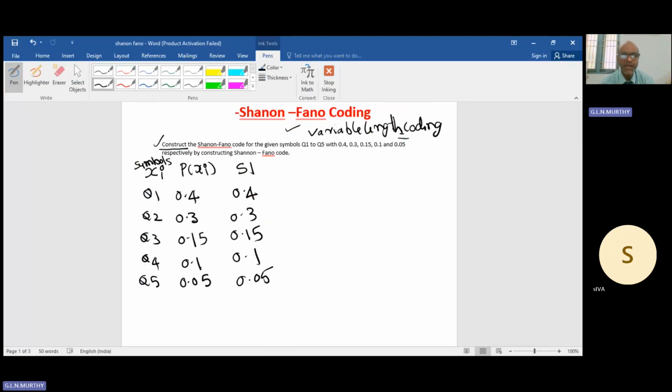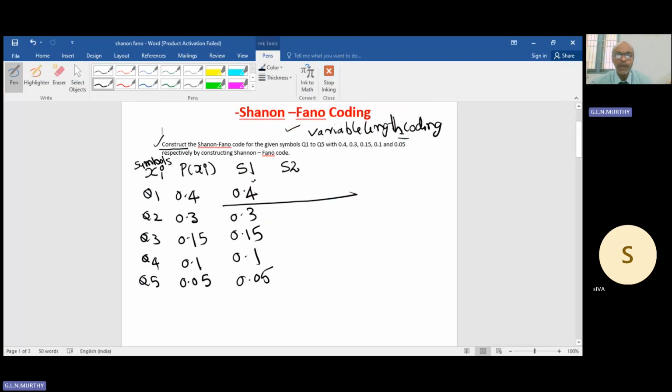Now, in Shannon Fano coding, five probabilities are there, no? So divide this complete set of probabilities into, if possible, equal intervals; if not possible, approximately equal intervals. This is a very key point. In Shannon Fano code, after arranging symbols in descending order, group the probabilities into two approximately equal intervals.